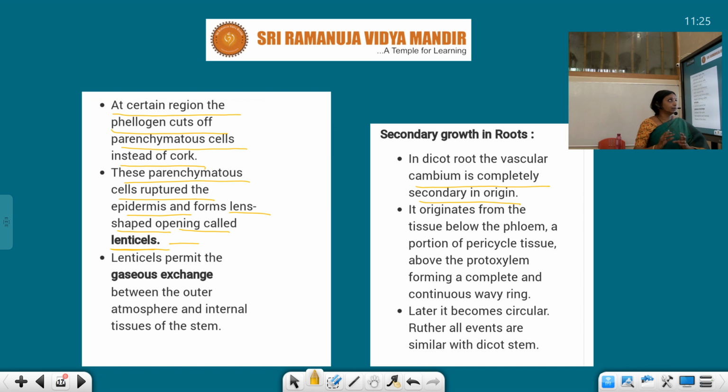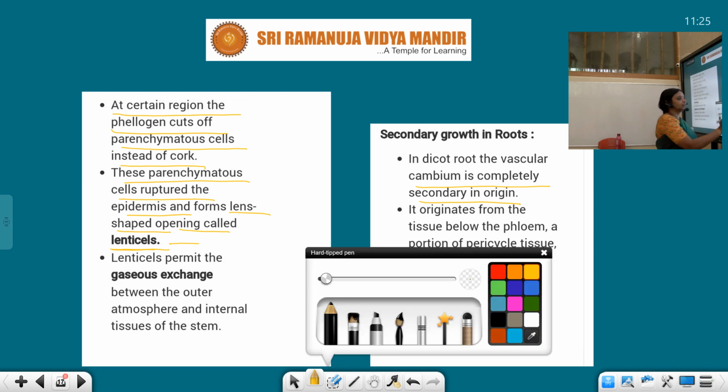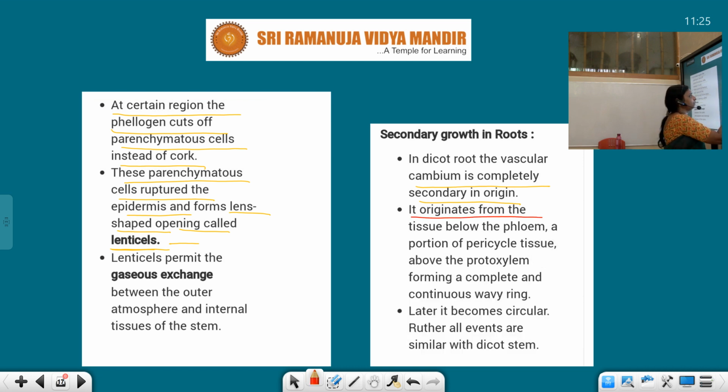So the vascular cambium is formed at the time of secondary growth. That means it is secondary in origin, not present primarily, and it originates from the tissue below the phloem.